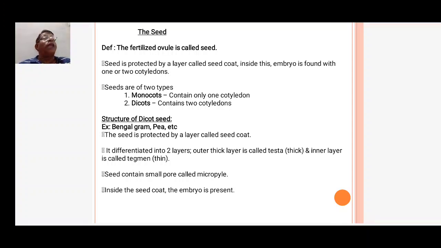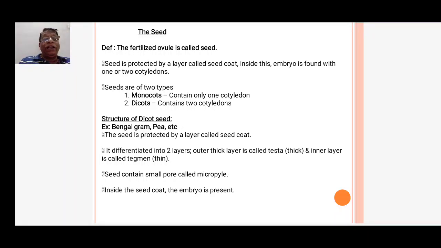Now, structure of dicot seed. See the diagram first. Diagram ನೋಡಿ ನೀವು first. Example for dicot seed. Bengal gram, pea, horse gram, etc.